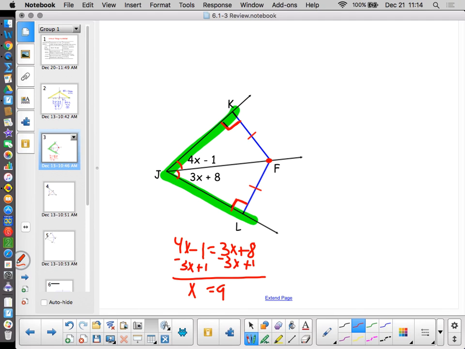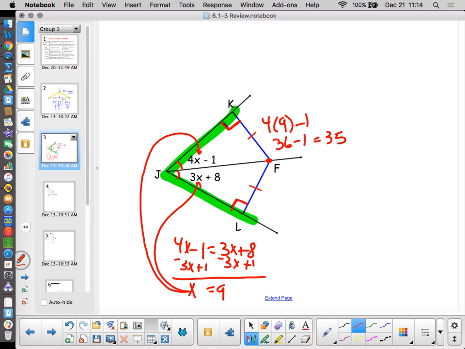Now again, that's not my solution, that's the value of x. I have to substitute that back in, but this time I have to substitute back into both equations because I need both measurements so I can add them up to get the angle I'm looking for. So 4 times 9 minus 1 is 36 minus 1, which is 35.